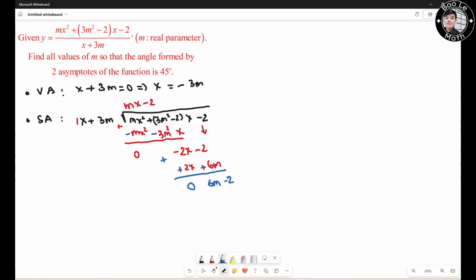Alright, so this one right here, I just rewrite as the quotient mx minus 2, plus the remainder 6m minus 2, divided by the divisor x plus 3m.